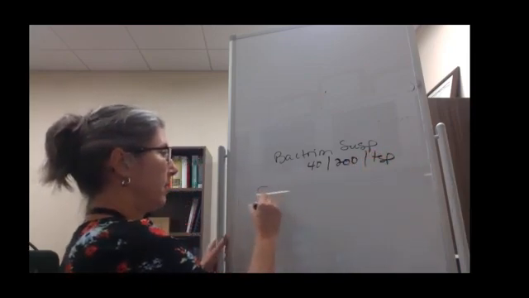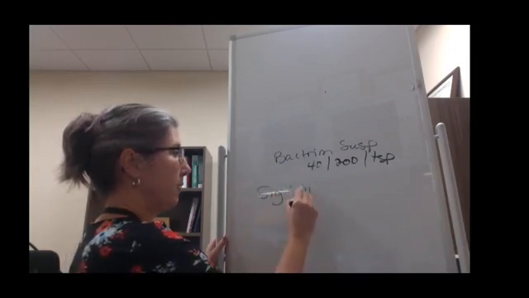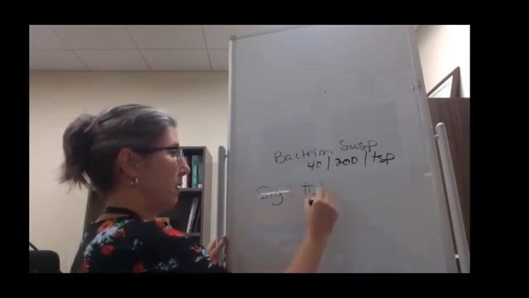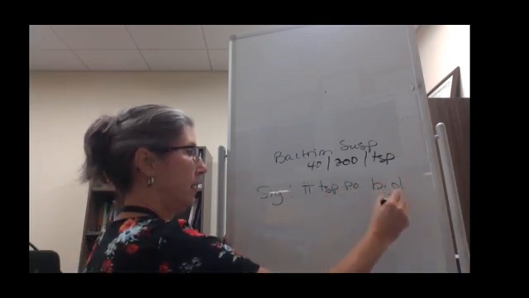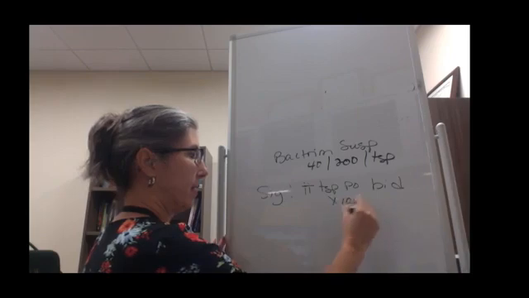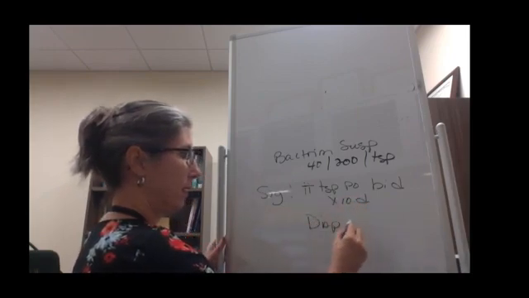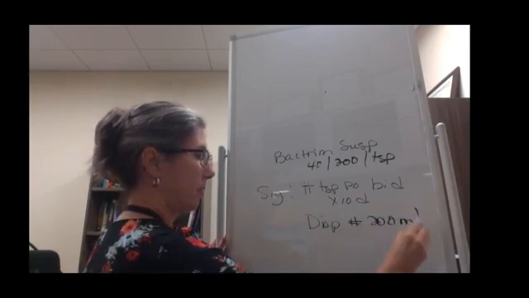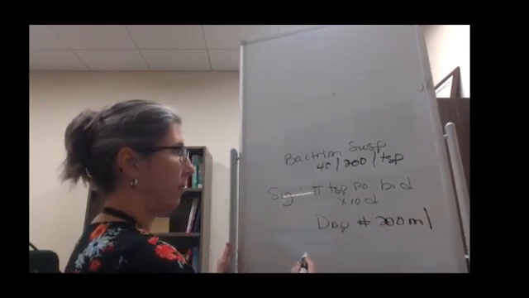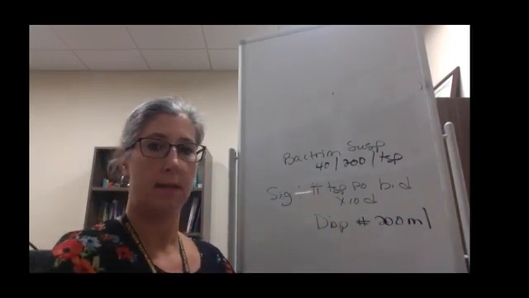And so we would say our SIG is 2 teaspoons PO BID times 10 days, and we're going to dispense number 200 mLs. And that would be how you would write that for the pharmacy. Okay?